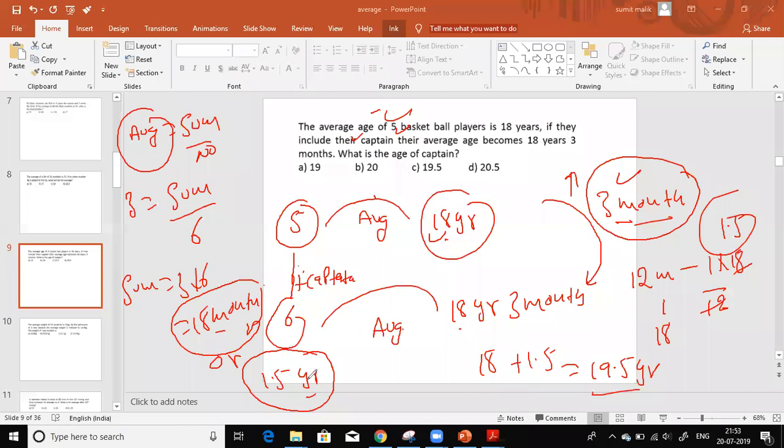This total age increase is just because of their captain. Captain's age was 1.5 year more than the 5th member. So captain age was 19.5 year. Just because of this 1.5, the average of each member was increased by 3 months. Okay, very simple.